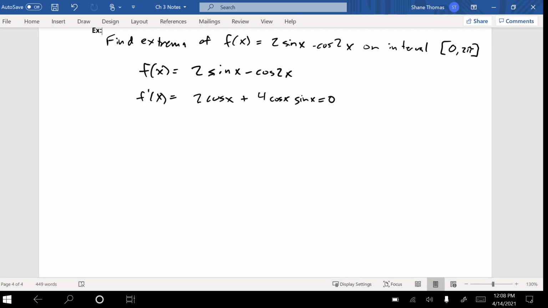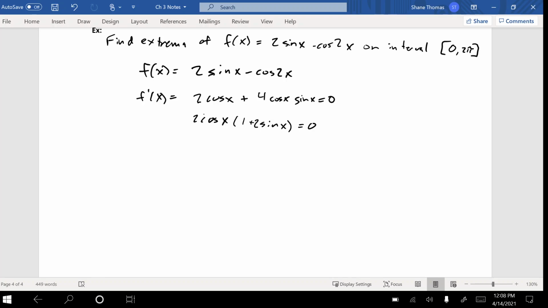It's just the derivative, we're good there. Yes, I pulled out 2 cosine x. That's going to leave me with 1 plus 2 sine x equals 0. I just can't even read my own writing today.